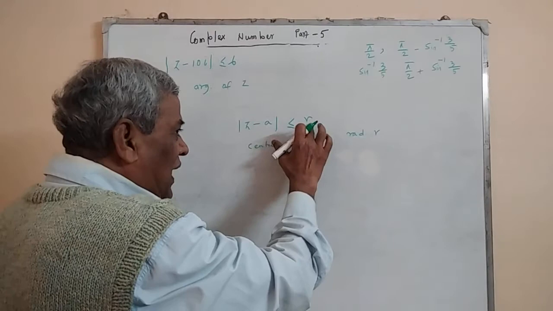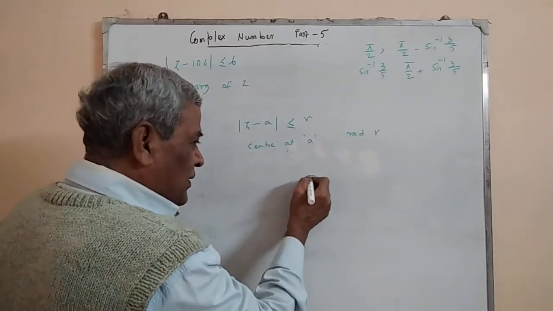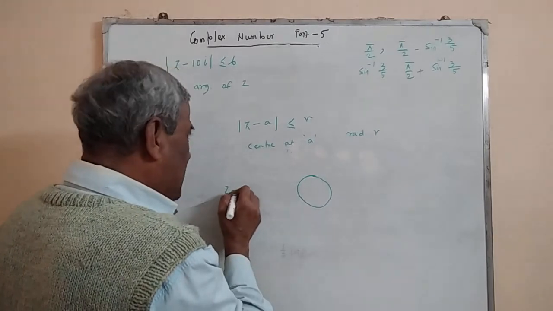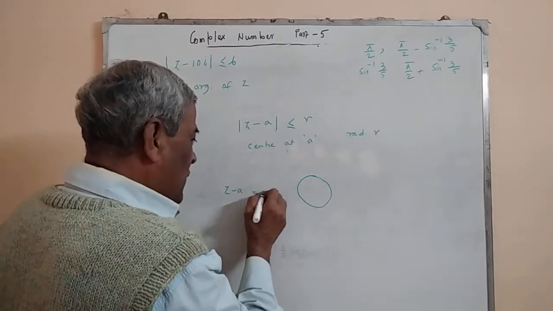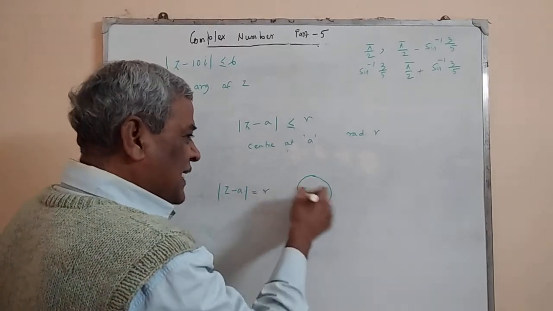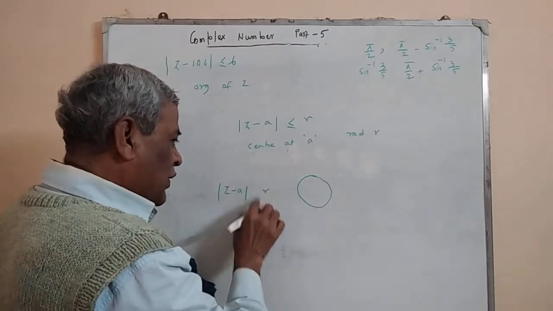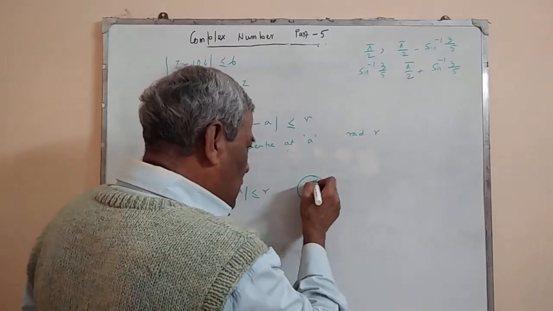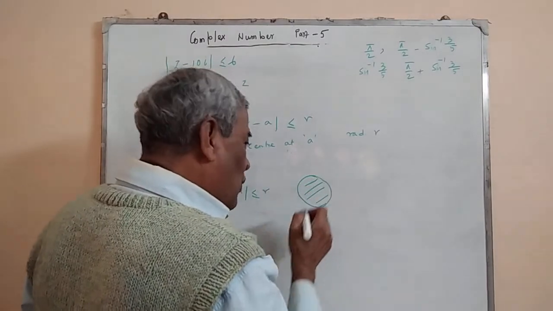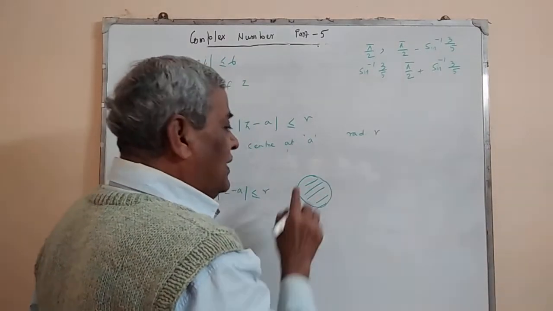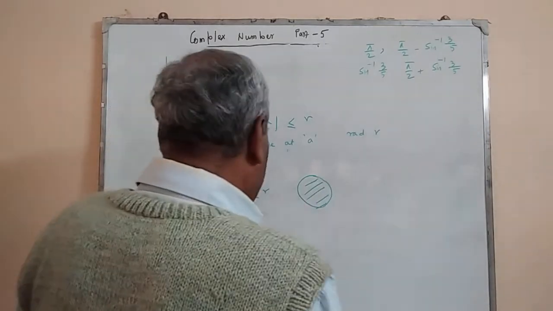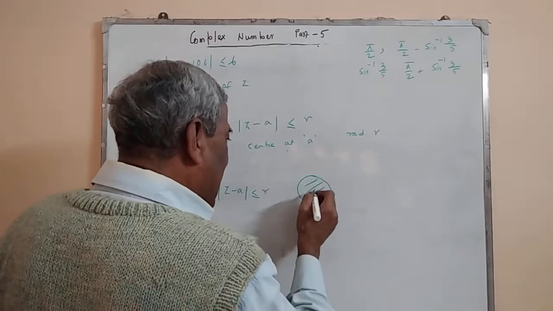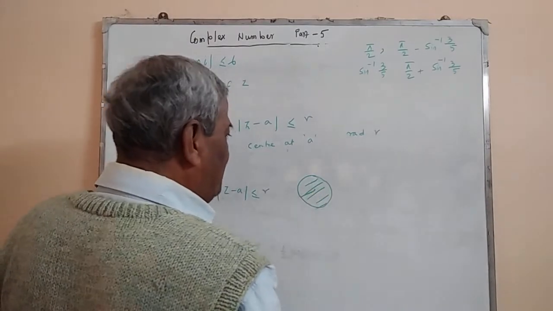If mod Z minus A is equal to R, then it is that circle. And less than or equal to R means on and within the circle. Remember that its center is at A and radius is R.